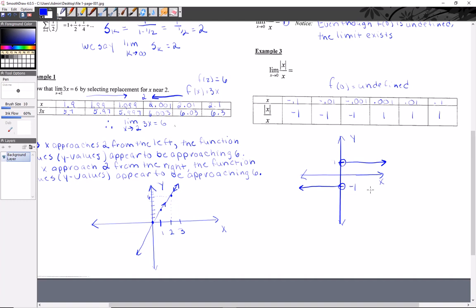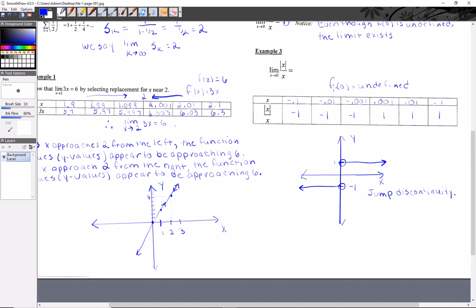This is called a jump discontinuity. You may remember this from all the way back in August. We had 3 kinds of discontinuities, and this was one of them.